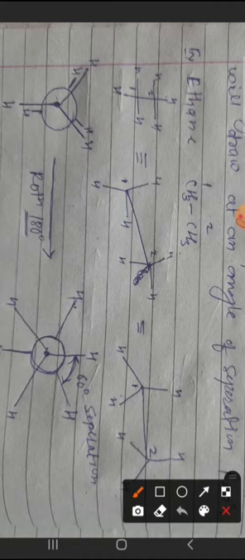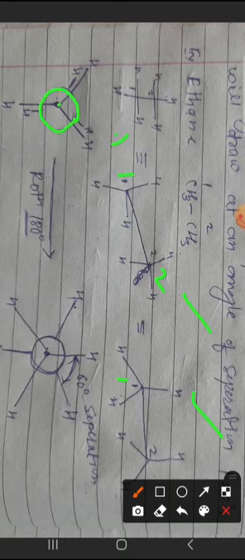So this is the Sawhorse projection of ethane, and this is the first carbon. Okay, we'll take the reference of this projection. So this is the first carbon and this is the second carbon. According to the rules of Newman's projection, the first carbon is represented with a dot. The rear carbon, we cannot see that carbon, that's why the rear carbon is represented with a circle.